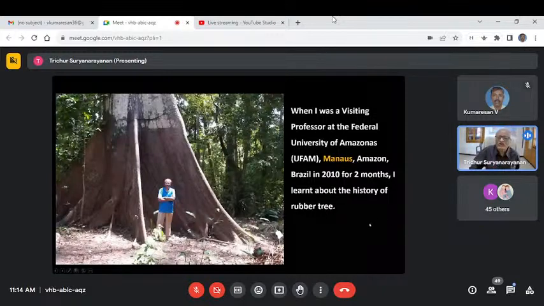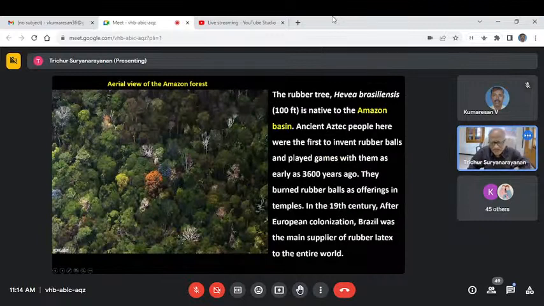So let's go to this. The rubber tree, Hevea brasiliensis, belongs to Euphorbiaceae and can grow up to a height of 100 feet. It is native to the Amazon basin. And in fact, you know that you cut the bark and you get this white latex which will solidify, and that becomes the rubber.